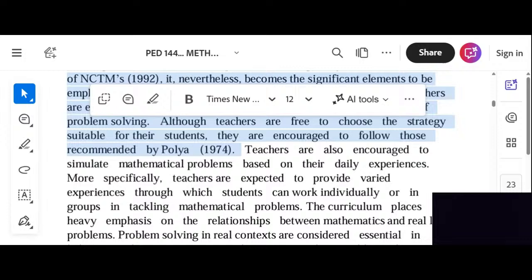Another thing I want us to check there is the heuristic part, but before that, let me talk more on that NCTM. What they're trying to say is that regardless of how we define problem solving, the most important thing is that problem solving is a part of mathematics education.